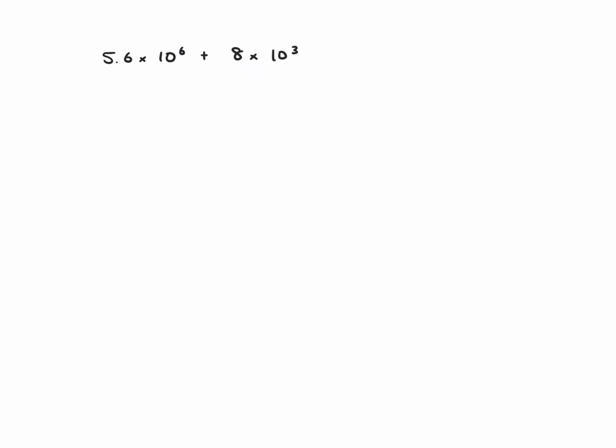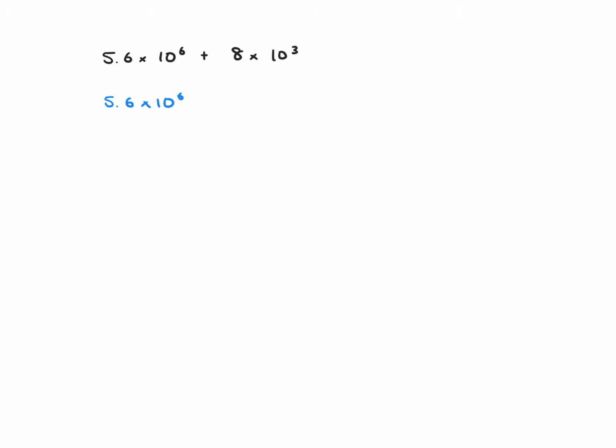Let's begin by working out 5.6 times 10 to the power of 6 plus 8 times 10 cubed. We'll begin by converting each number, which is written in standard form, into an ordinary number, and that should make the addition part fairly easy. We begin with 5.6 times 10 to the power of 6. This is telling us to multiply 5.6 by 10 6 times.